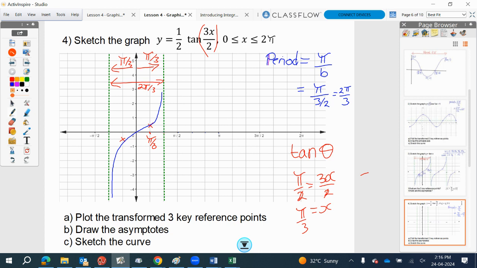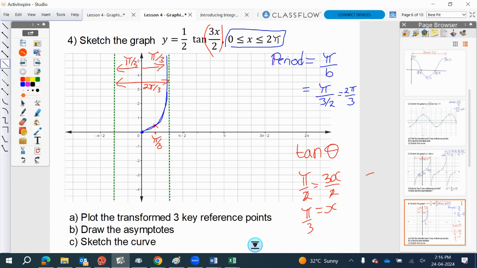However, not quite right here on this one. Notice we're told there's a specific interval to use, so I can't include this bit. I have to start my curve here and show it going up. I do need to have a couple more asymptotes in though. The asymptotes are 2 pi over 3 apart. Our next one's going to be here, and then we're going to have one here.